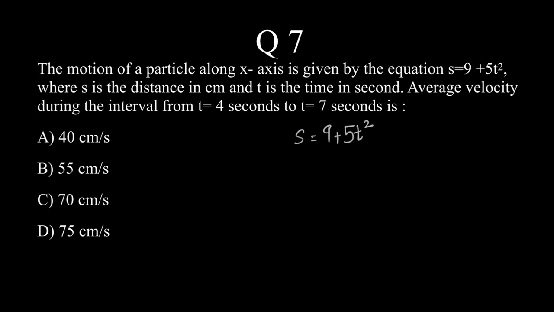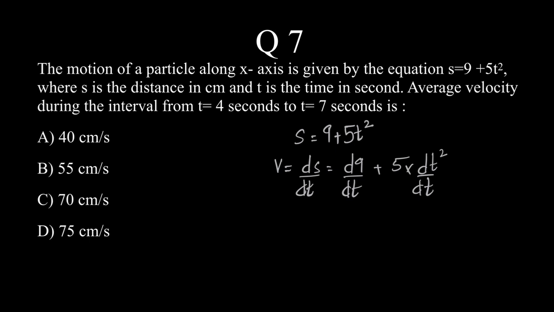What is the velocity? Velocity would be equal to d by dt of s, which is d by dt of 9 plus 5 into d by dt of t square.